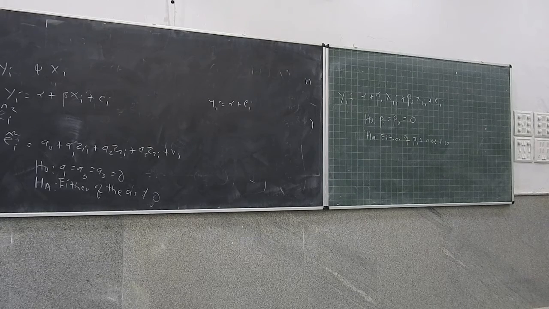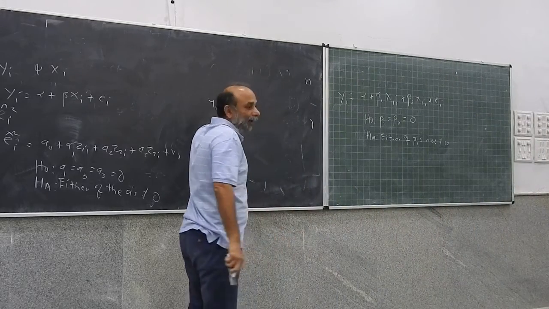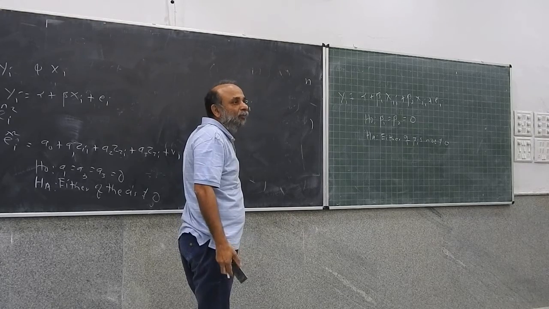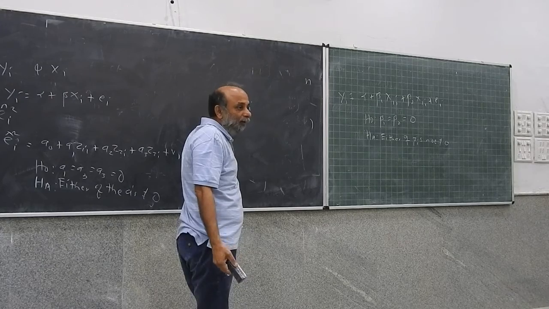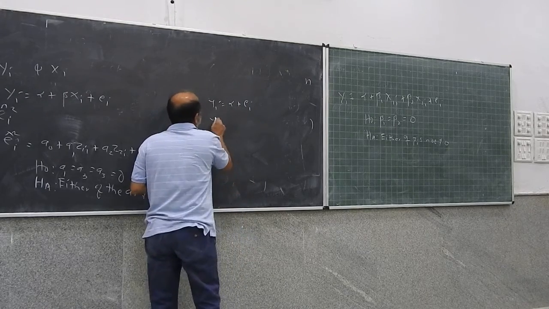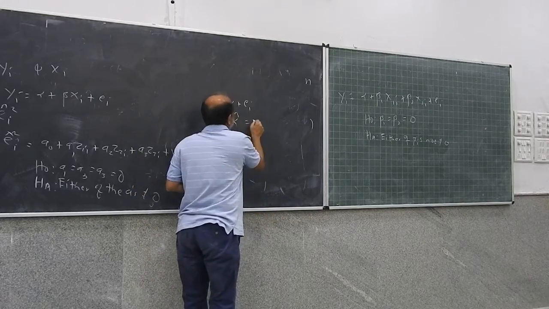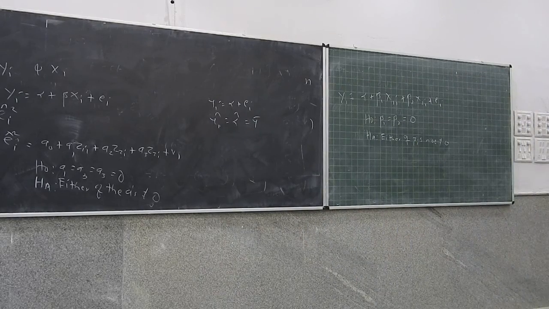So if I now estimate alpha hat by y bar, I have an estimator for this model. So y_i hat is simply alpha hat, which is y bar.